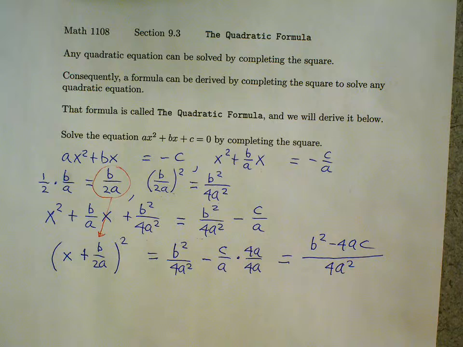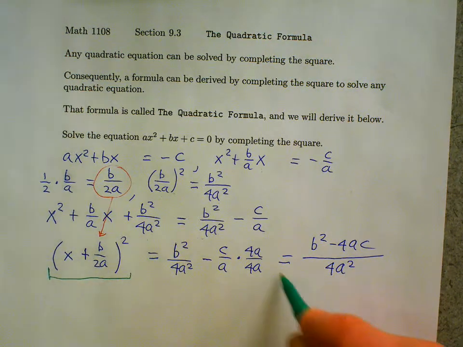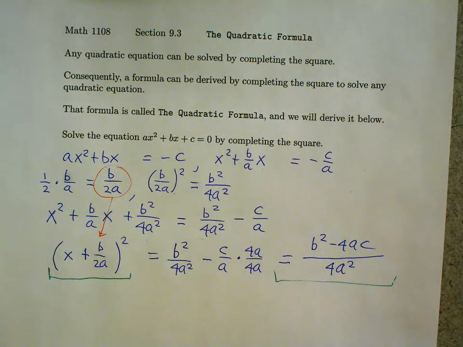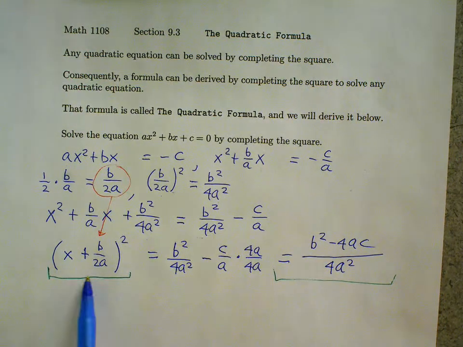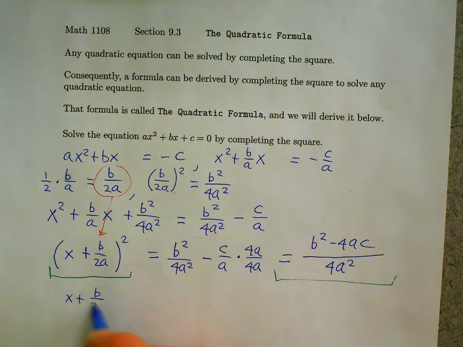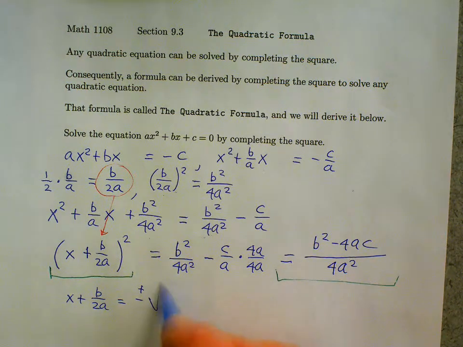And now we apply the square root property. When we apply the square root property, we'll get x plus b over 2a equals positive and negative square root of b squared minus 4ac all divided by 4a to the second.